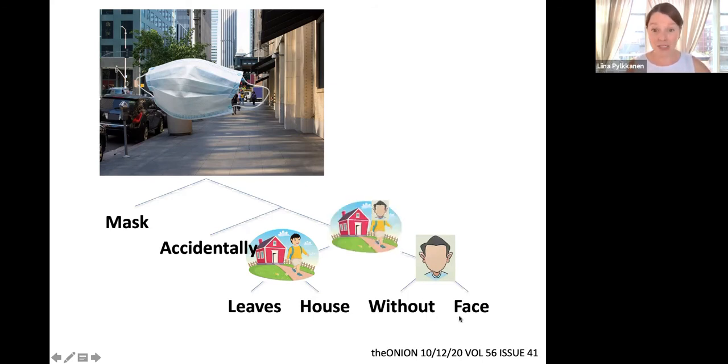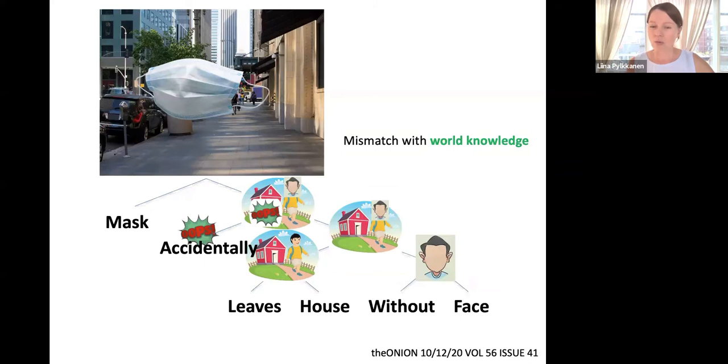You put these together in order to get a bigger meaning where there's some kind of a leaving from the house without a face activity and so forth. Here's another adverb that adds a sort of accidental meaning. And so here's how we can conceive of compositional semantic interpretation.